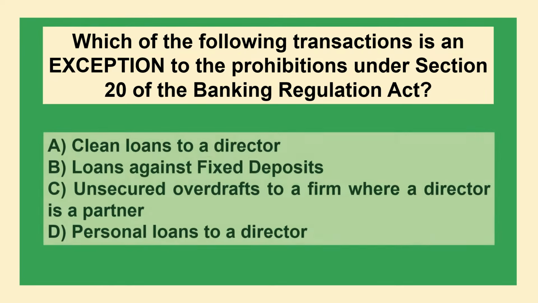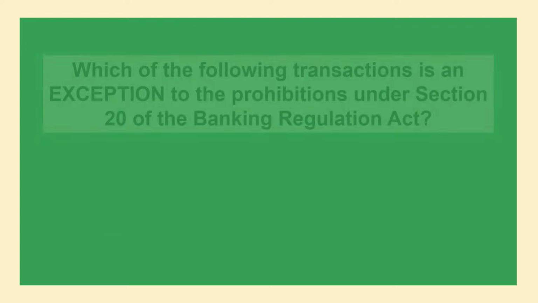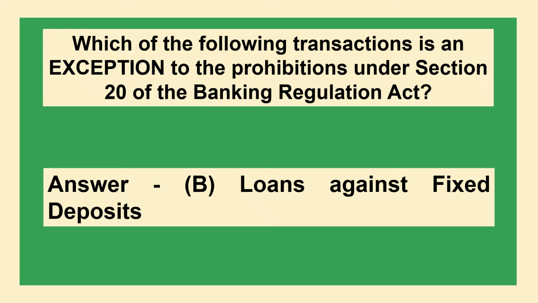The next question is: which of the following transactions is an exception to the prohibitions under section 20 of the Banking Regulation Act? Option A, clean loans to a director, option B, loans against fixed deposits, option C, unsecured overdrafts to a firm where a director is a partner, option D, personal loans to a director. And the correct answer is option B, loans against fixed deposits.